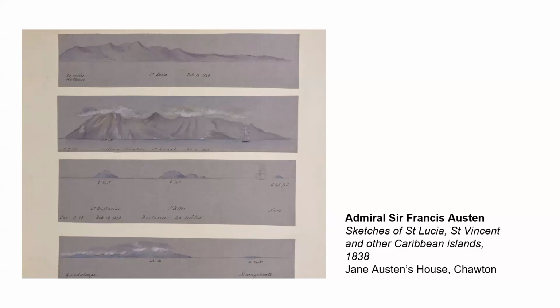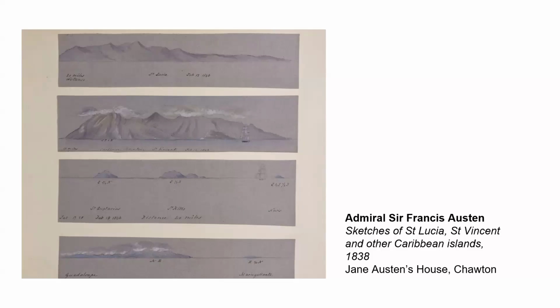And this picture here actually shows a page from Francis's sketchbook depicting coastal profiles of several Caribbean islands. And interestingly, I think this depiction really moves beyond those picturesque conventions, but nevertheless still imposes a colonial perspective because, of course, these coastal profiles were taken at a distance from the island whilst aboard a British ship.